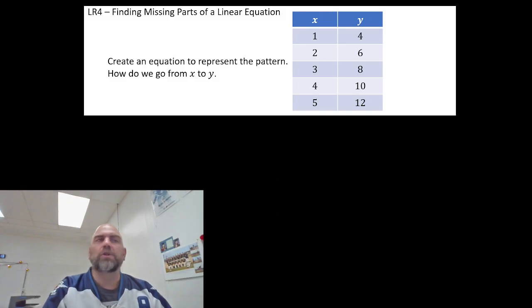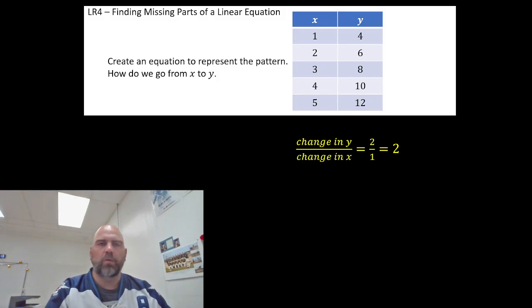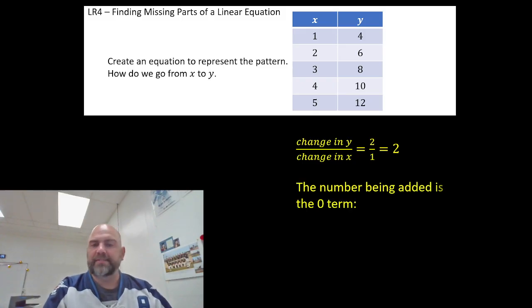So this is what it's going to look like when we're trying to find the equation. First of all, the change in y divided by the change in x is 2 over 1. So y is changing by 2 each time, x is changing by 1, and so our answer is 2. That's going to be what we call our rate of change, and we can use that to create an equation. The second thing we need to do is figure out the number that is being added, and that's going to be what I call the zero term.